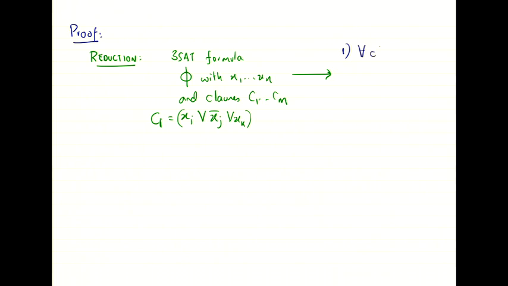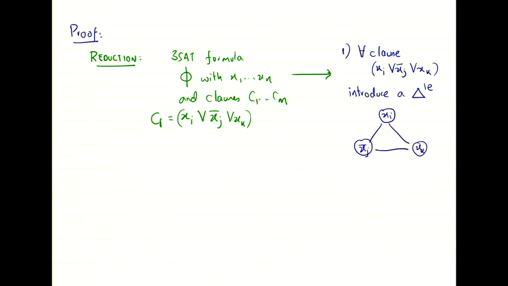For every clause, let's say xi or not xj or xk, you introduce a triangle with vertices labeled xi, not xj, and xk. So that's one part of the graph.